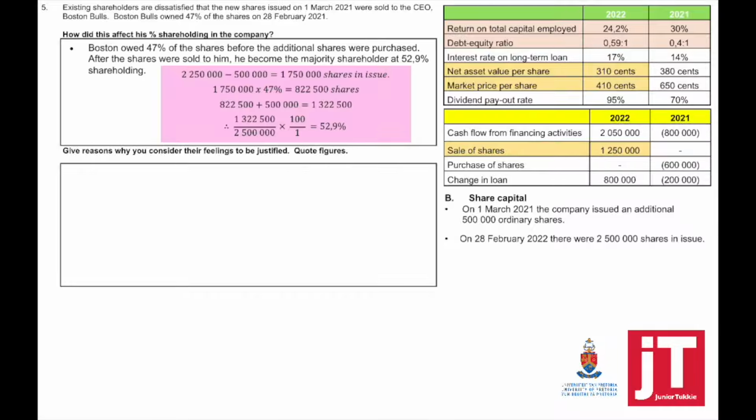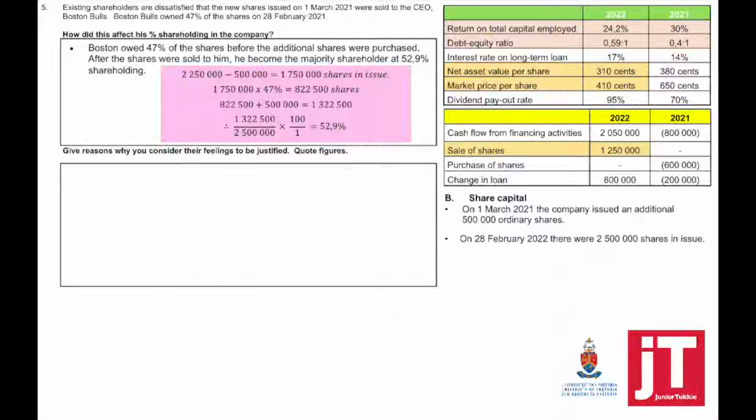So if we're looking at the number of shares, we've got on 28 February 2.5 million shares in issue. Step number 1, subtract the 500,000 additional shares that were issued to find out what the number of shares in issue was before that. Why?